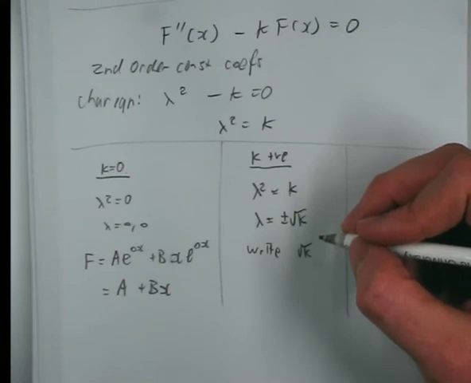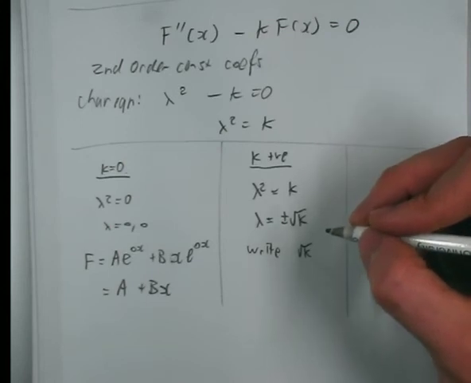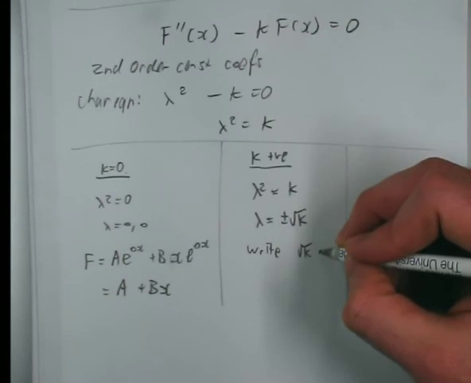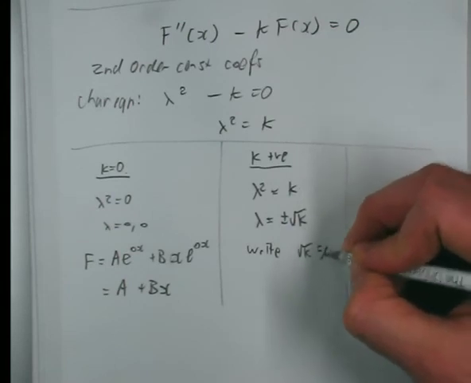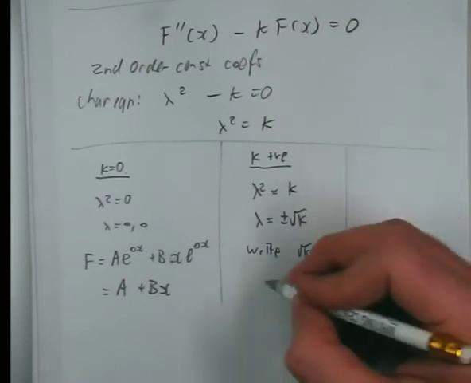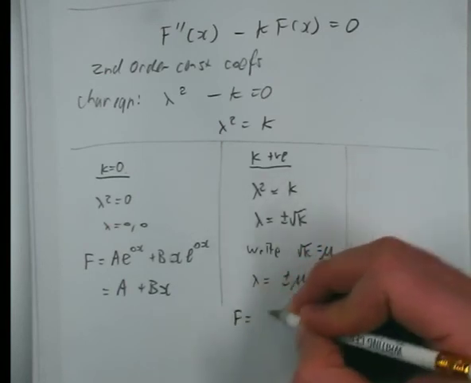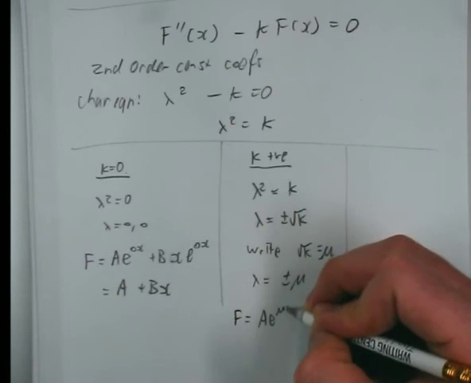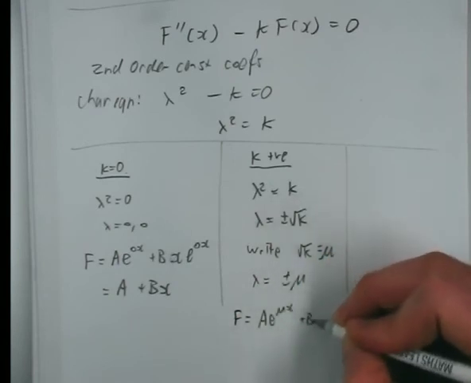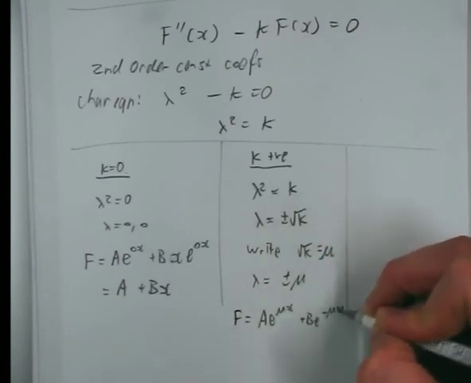Why do they use mu or like the Greek V thing? Whatever. Nu. Yeah, that one. Looks like a V. All right. Let's do it as mu. And so therefore we get that lambda is plus or minus mu, and we get therefore that f is a e to the mu x and b e to the minus mu x.